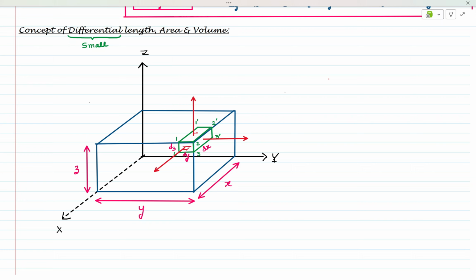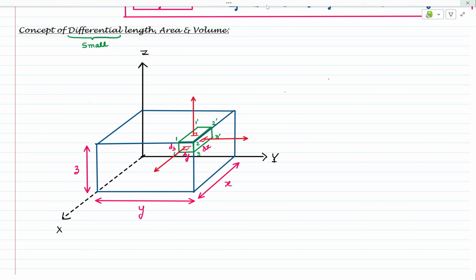Okay. So let me draw it first. And these are the directions. As the direction is denoted by the unit vector, I can write it as a.